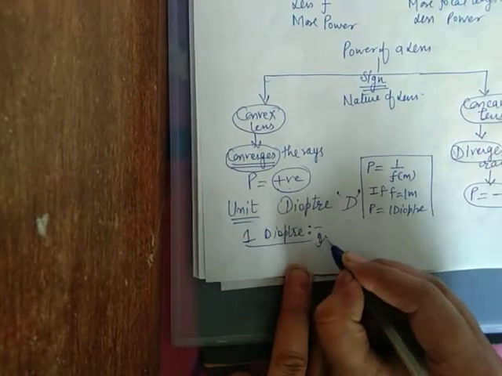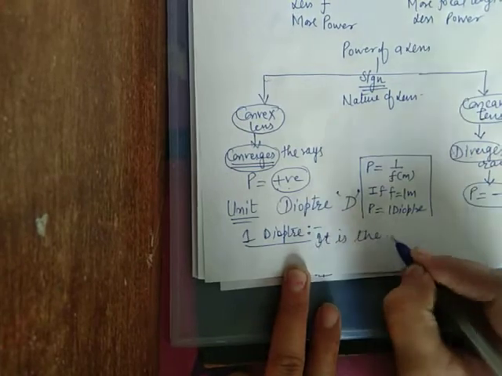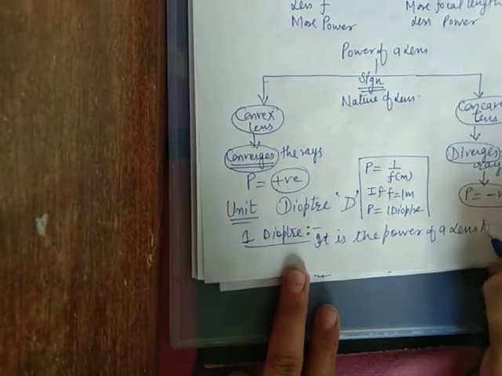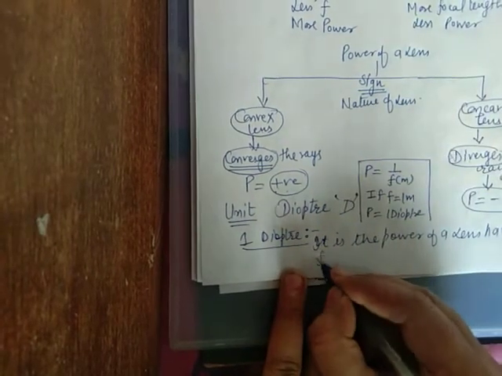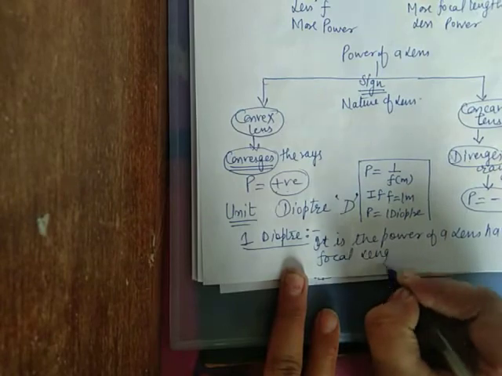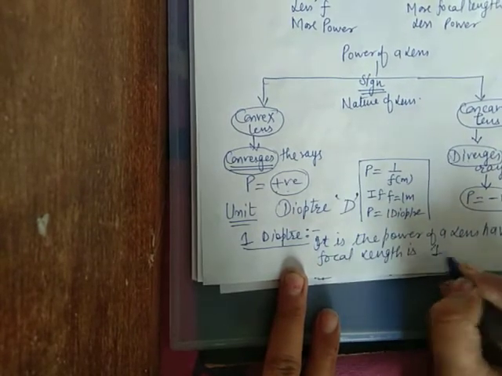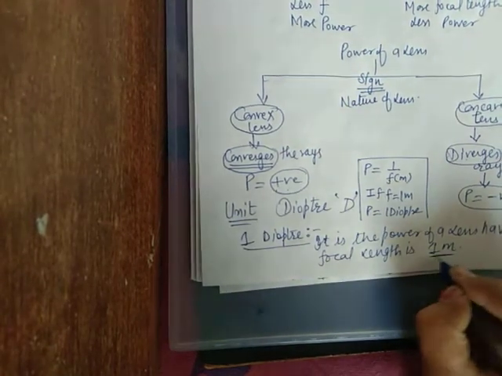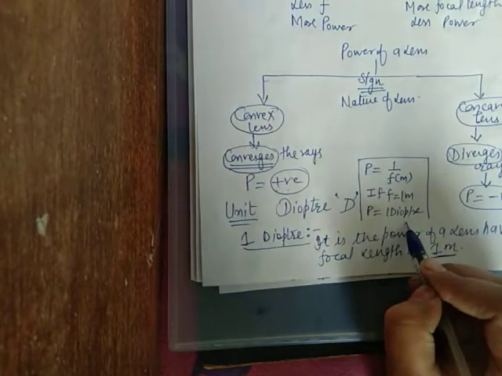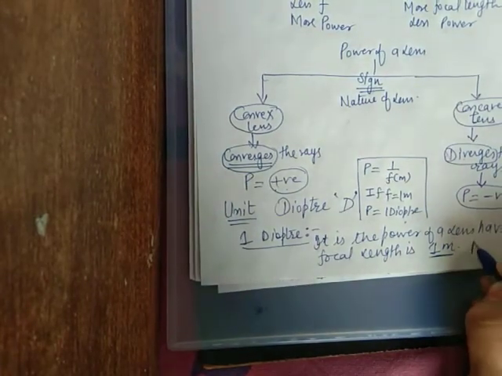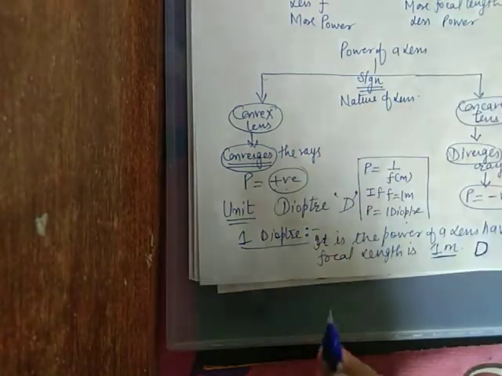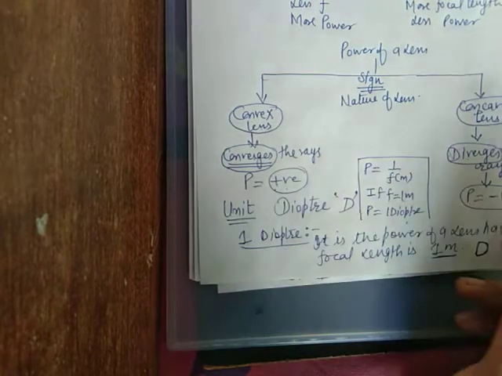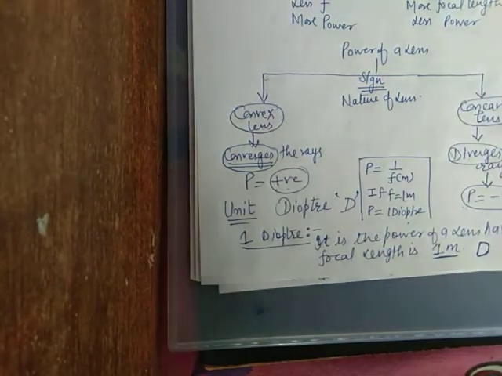It is the power of a lens whose focal length is 1 meter. If the focal length of a lens is 1 meter, then its power will be 1 diopter, represented by capital D. If the lens is convex, it converges, plus D, and if it's concave, then minus D.